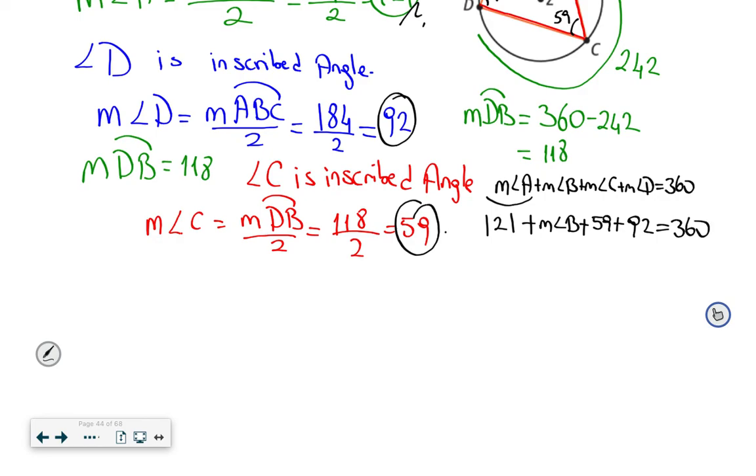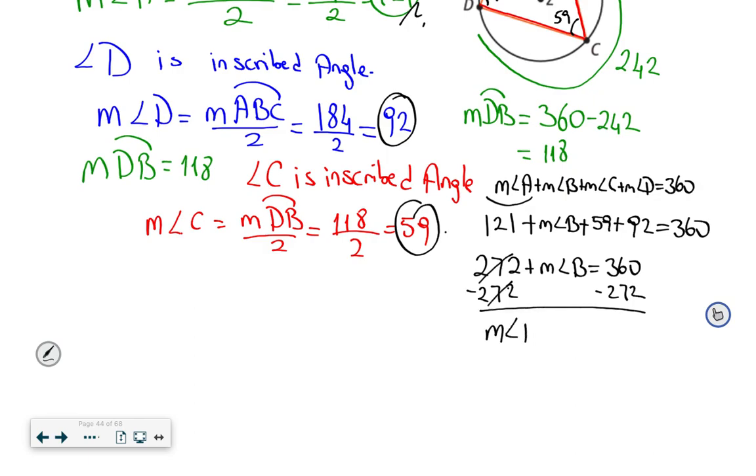If we add them up, 121 plus 59 plus 92 will be equal to 272, plus measure angle B will be equal to 360. If we subtract 272 from both sides, you will get that measure angle B will be equal to 88. This is the answer.